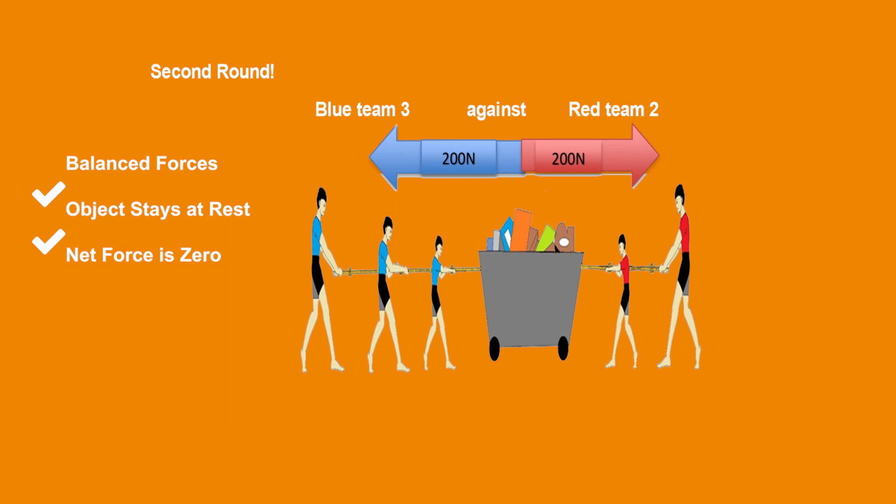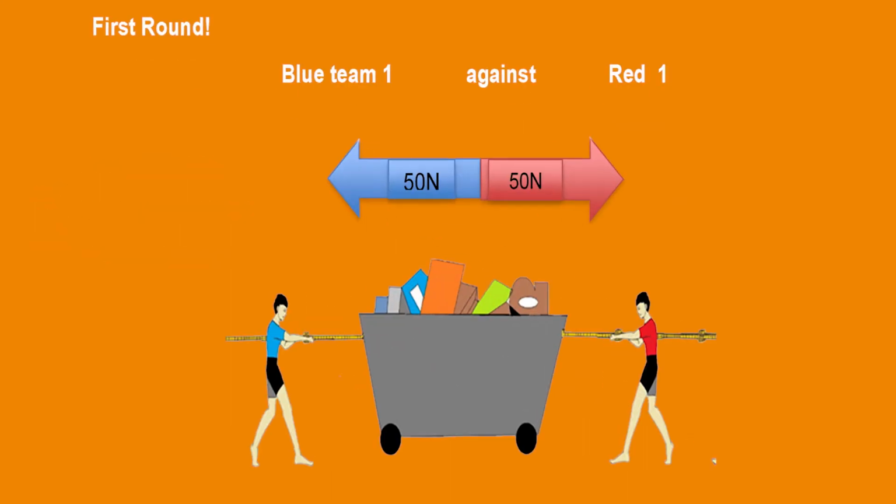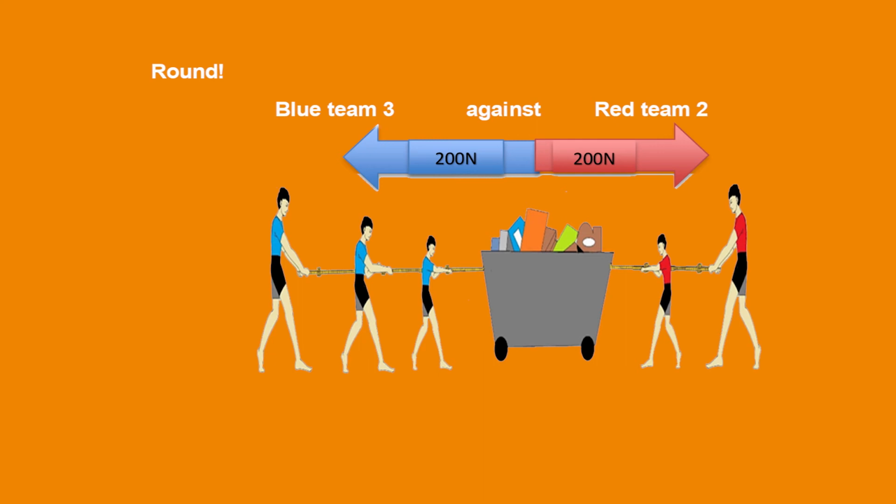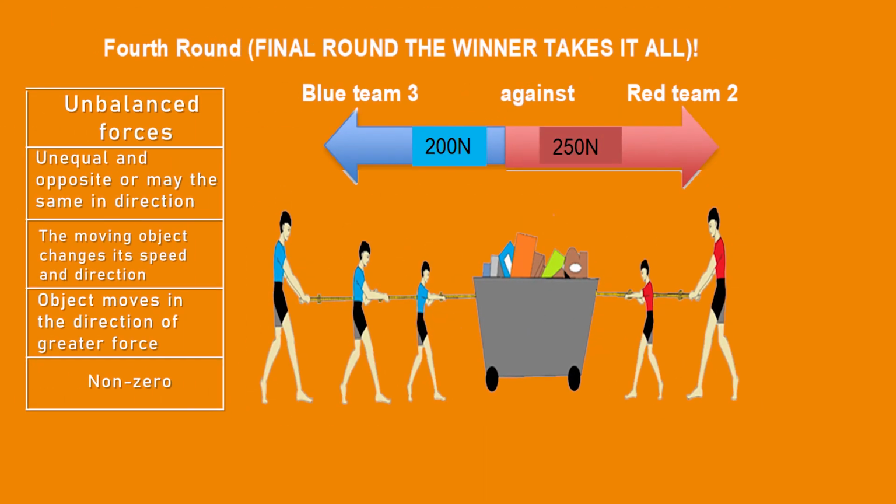The reason is the forces applied by both teams were equal in magnitude and the direction is opposite. However, in the final round, the red team had only 2 players, but their force is greater than the blue team with 3 players. So, the red team was able to pull the cart towards them.